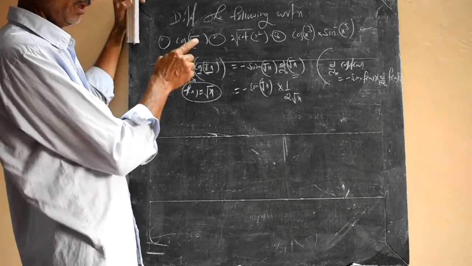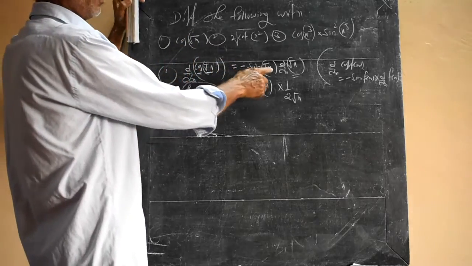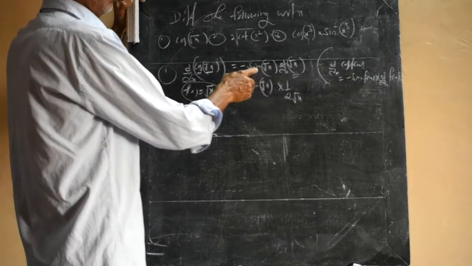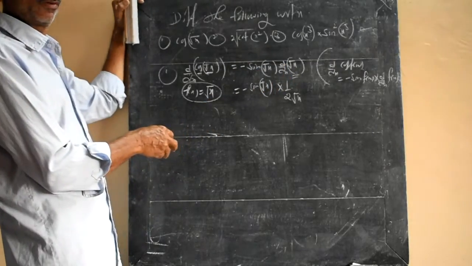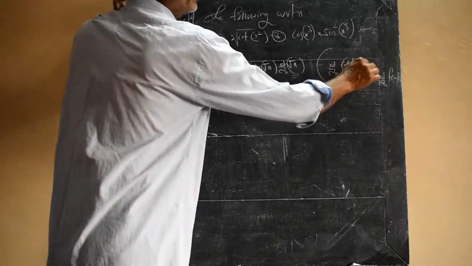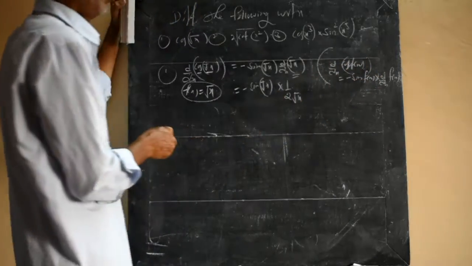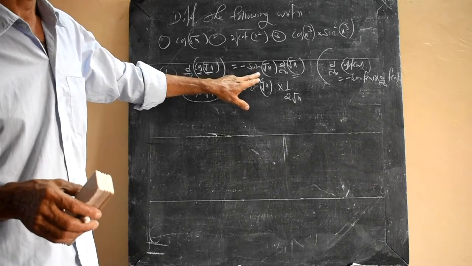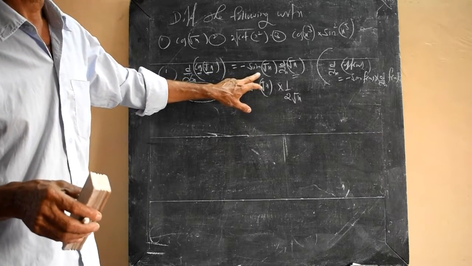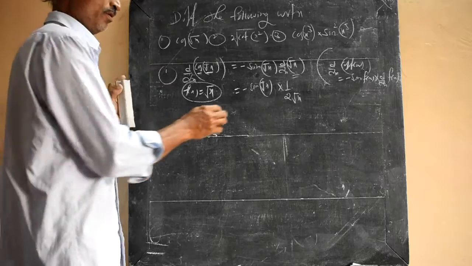So I am repeating the formula: d by dx of cos f of x is minus sin f of x into d by dx of f of x. Here it is not necessary to write the formula, because you can get it by listening once again, by revising the video.